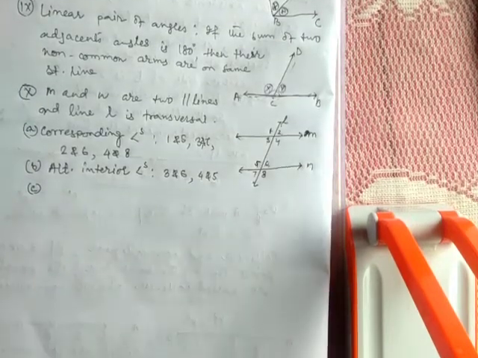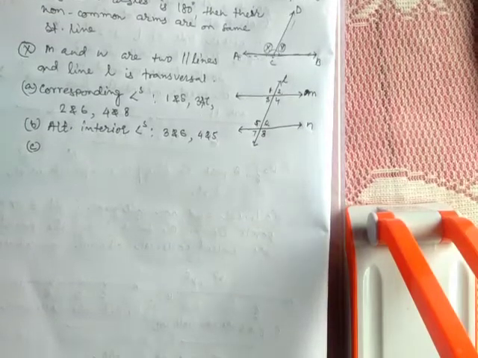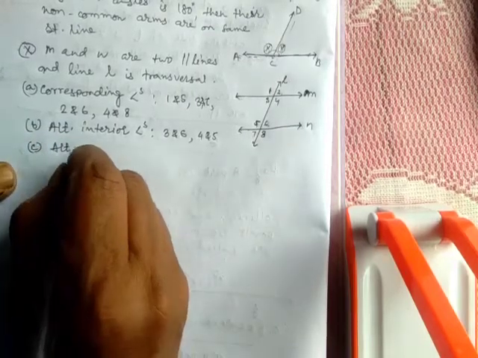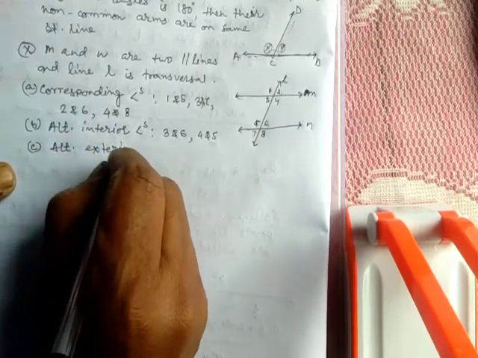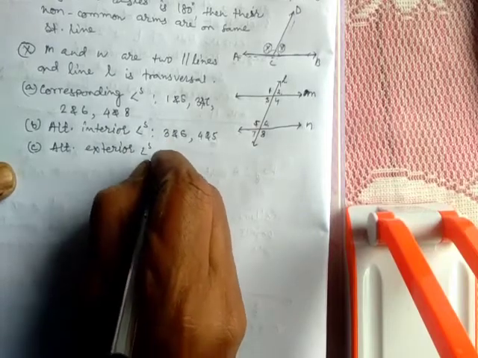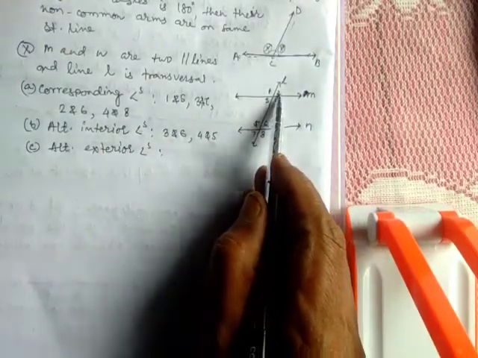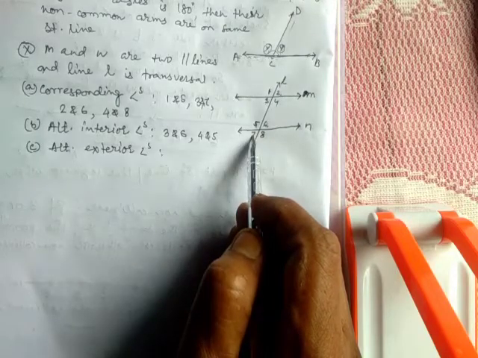Next, alternate exterior angles. What is that? Say 2 and 7.